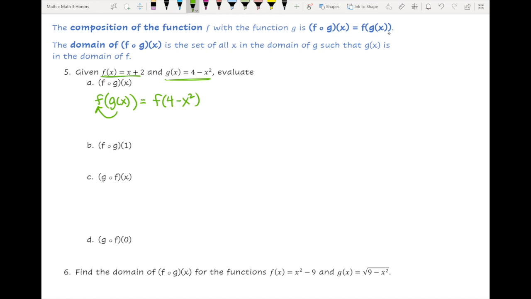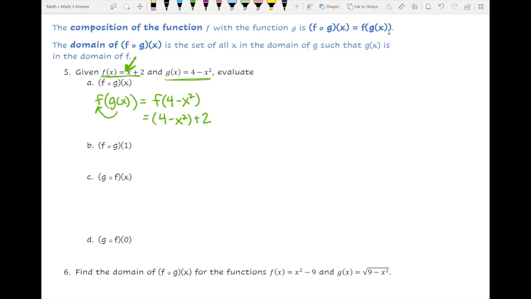Every time I see an x in the f function, I will substitute the entire 4 minus x squared. The f function was x plus 2, so I'm going to have the entire 4 minus x squared in for this x, and then plus 2. So there is my f of g of x.